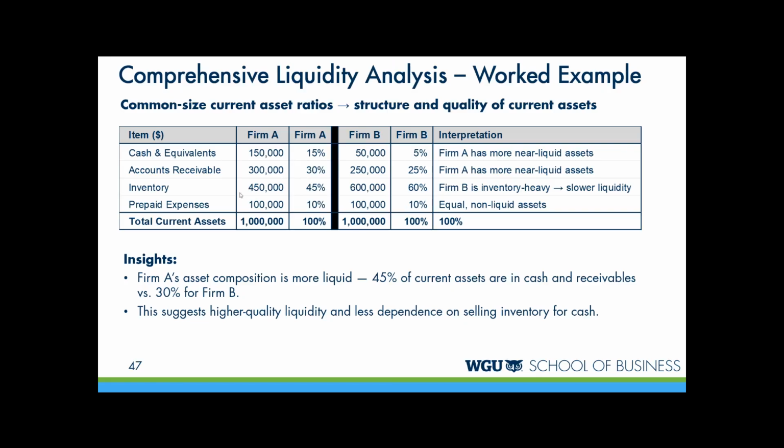Both firms have prepaid expenses representing 10%, so they're the same there. But the insight we can draw is that firm A's asset composition is more liquid: 45% of it is in cash and receivables, compared to firm B, because we have 15 plus 30% for firm A, and for firm B it's 5 and 25%.